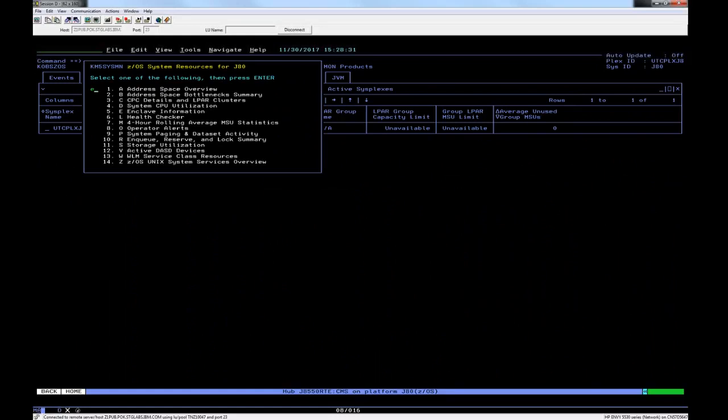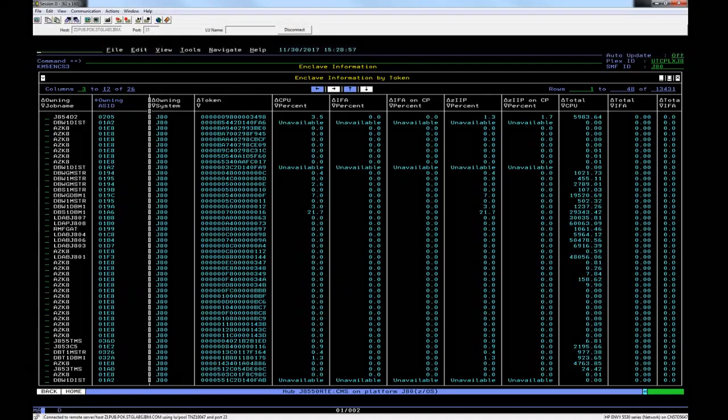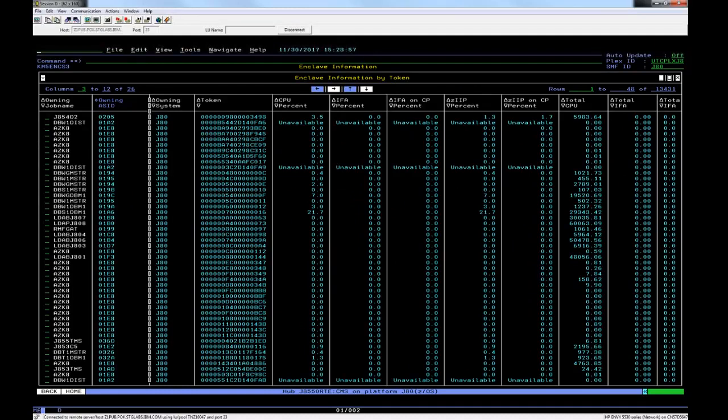I know that on this particular performance system, there are a lot of enclaves running, so it takes a little while to build the workspace. And we see there are over 13,000 enclaves, so the product handles that very well, and also shows you extensive metrics of the CPU utilization, especially zIIP processor and general purpose processor.